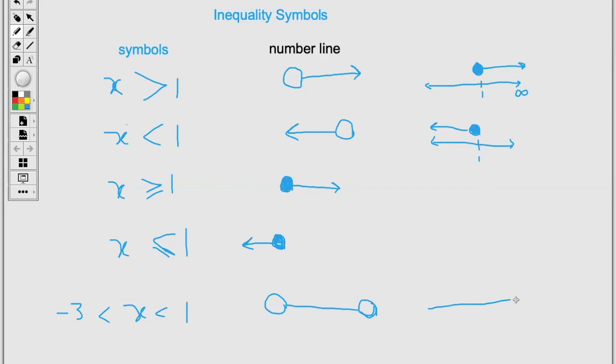On my number line, I will have -3 and +1, and because the inequality is not including the numbers, both circles will be unshaded to mean that we're not using these end values, and we connect them using a line. So this, my friend, represents x is greater than -3 but less than 1.